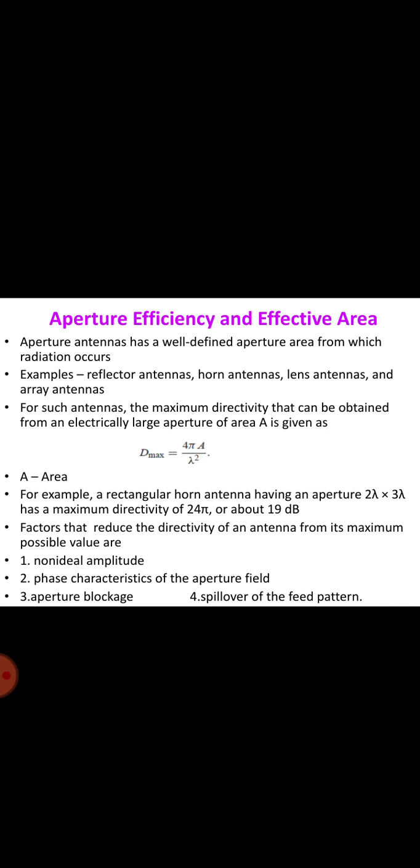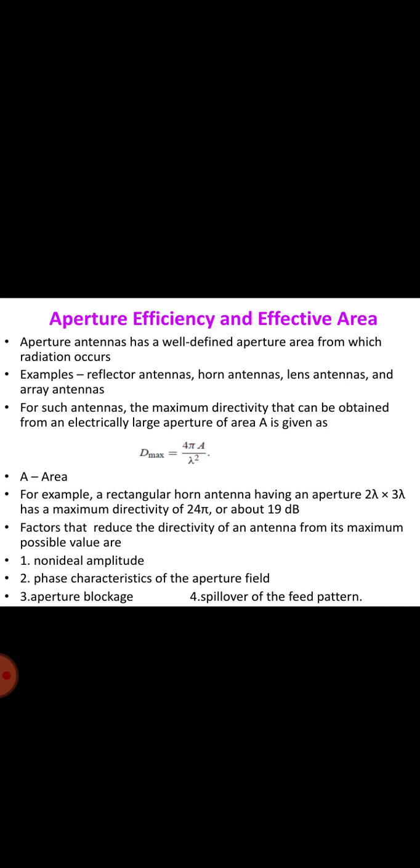For example, a rectangular horn antenna having an aperture of 2 lambda by 3 lambda has a maximum directivity of 24 pi, that is about 19 dB. There are several factors that can serve to reduce the directivity of the antenna from its maximum possible value, such as non-sinusoidal amplitude or phase characteristics of the aperture field, or aperture blockage, or in the case of reflector antennas, spillover in the feed pattern.